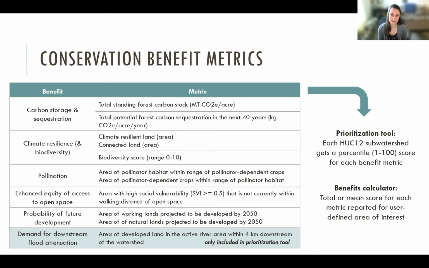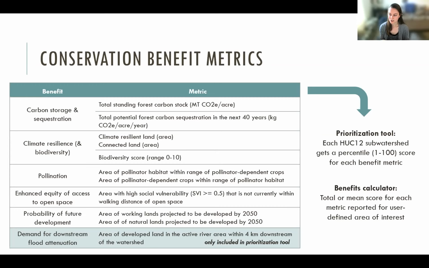And so we focused on trying to identify data sets, again, primarily pulling from work that we'd already done with the Natural Working Lands group that were related to those particular interests. So we have 7 different types of benefits listed here. Many of them have multiple metrics. So for example, for carbon storage and sequestration, we have one metric related to how much carbon is currently standing in forests, and a second metric that looks at total potential forest carbon sequestration going forward in time.